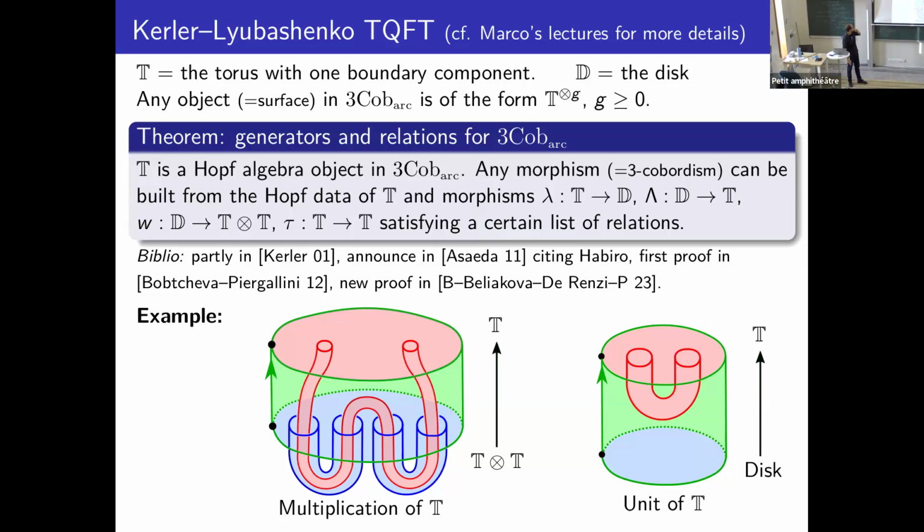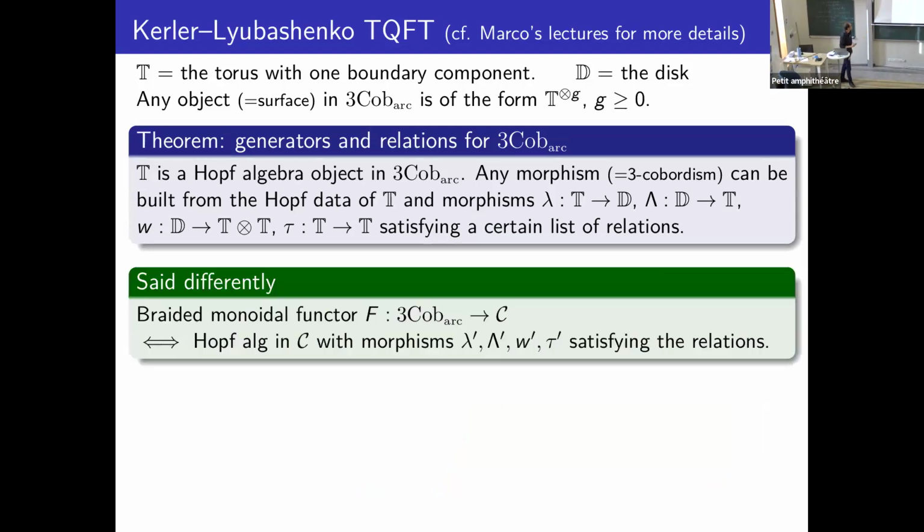This is due to all these people, and this is well explained in a paper by Bobcheva, Beliakova, De Renzi, and Pierre Gaiotto. And it means that a braided monoidal functor out of this category into any category C is just the same thing as a Hopf algebra in C equipped with morphisms, because you will say, okay, T maps to this Hopf algebra, and these morphisms lambda, W, and tau map to certain morphisms that you give.